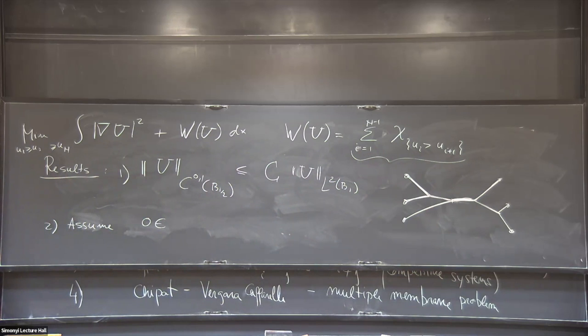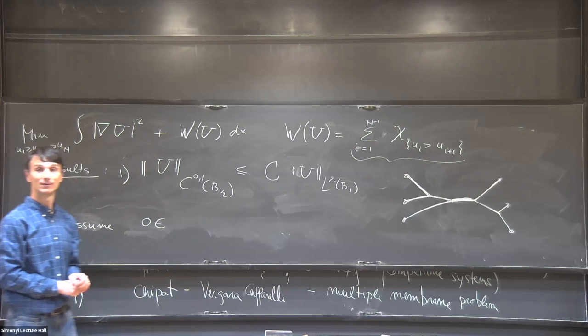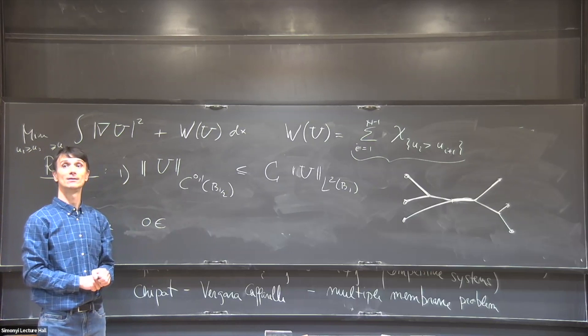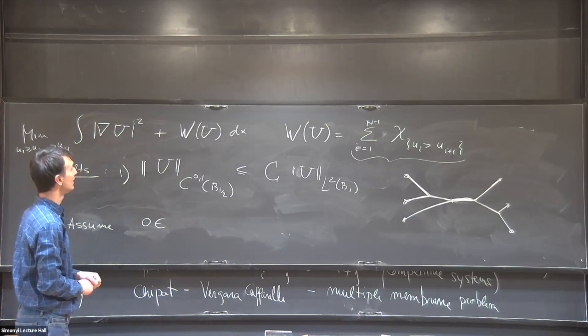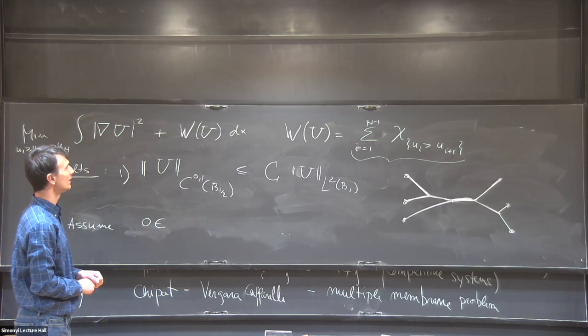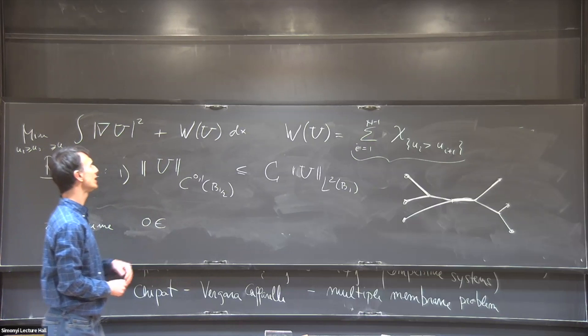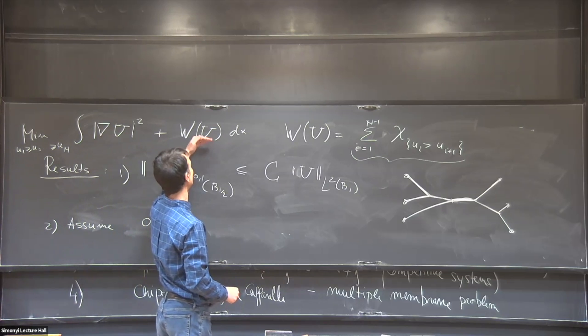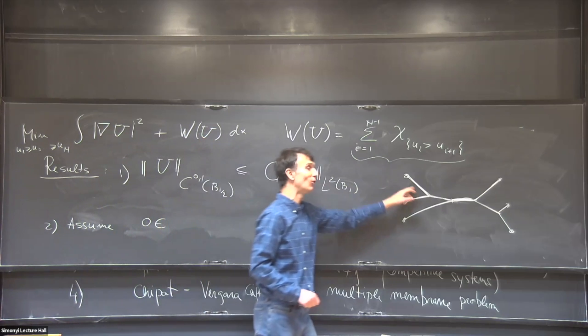So just for curiosity, as you said, you're taking the cardinality of the set, but could you get the same result for just an arbitrary subadditive function, the potential? Because again, it's the subadditivity somehow that is forcing the network structure to appear. Yes, you can take something more general, of course, but you wouldn't have really harmonic functions.